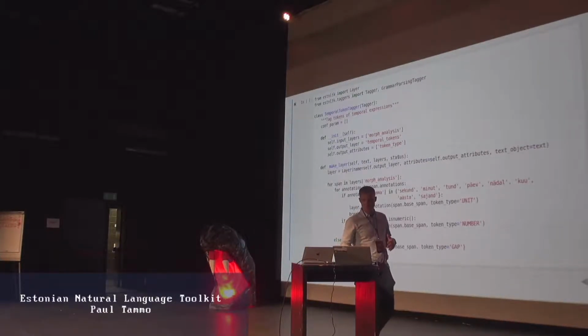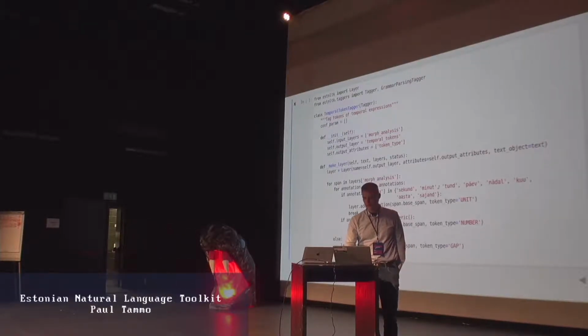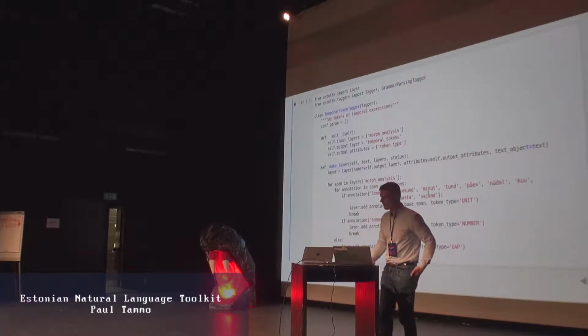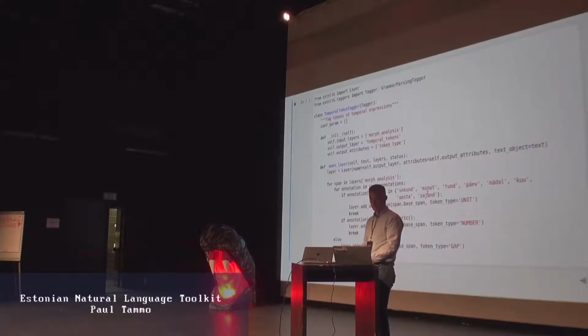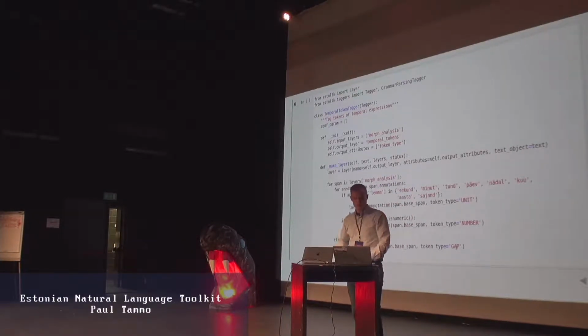We shall annotate or find the words second, minute, hour, day, week, month, year, century. Of course, in our example, not all are present. There were, I think, a day and month. And we shall also annotate numbers. If a token in a text is not a number and not a time unit, then we call it just cap or whatever.